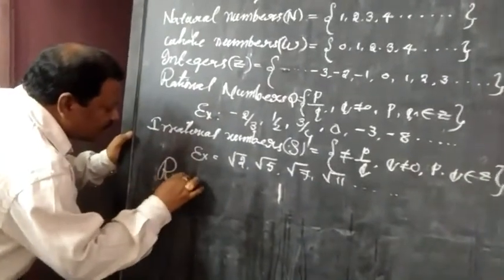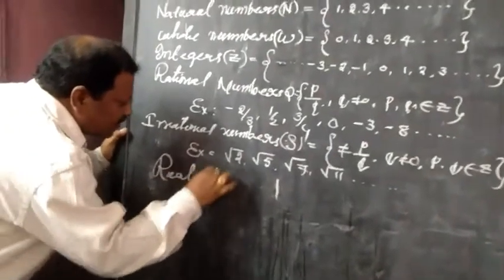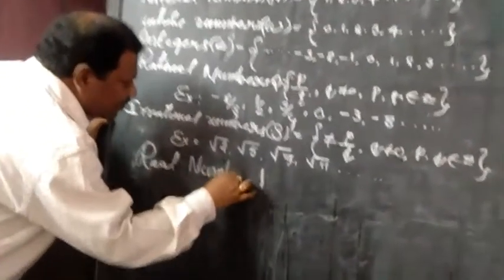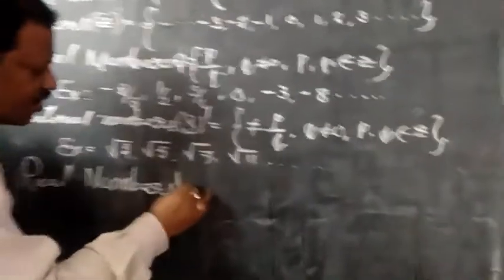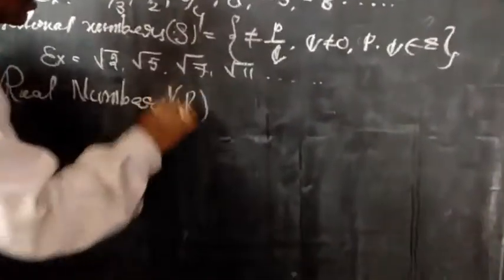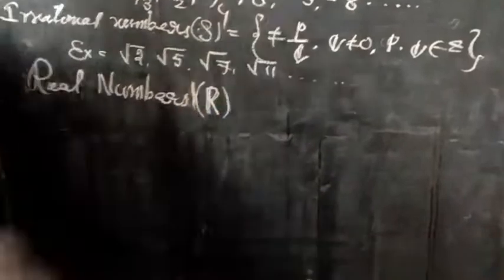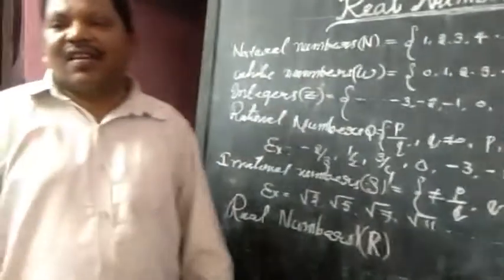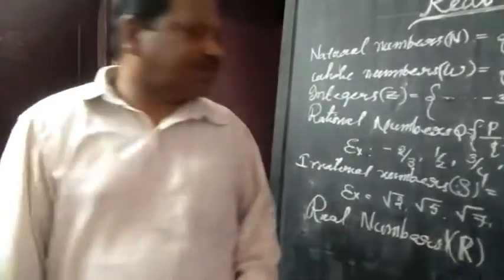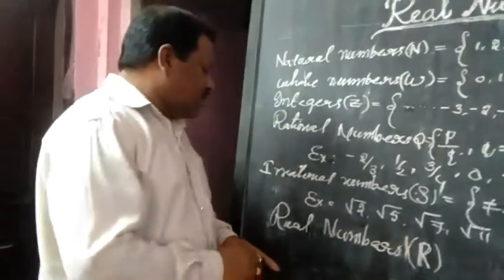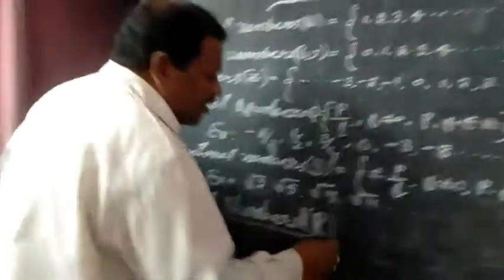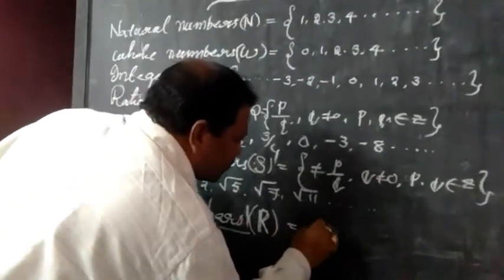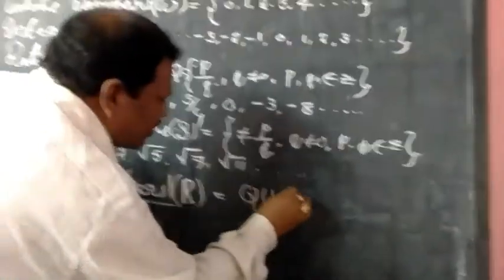Real numbers are denoted by R. R equals Q union S.